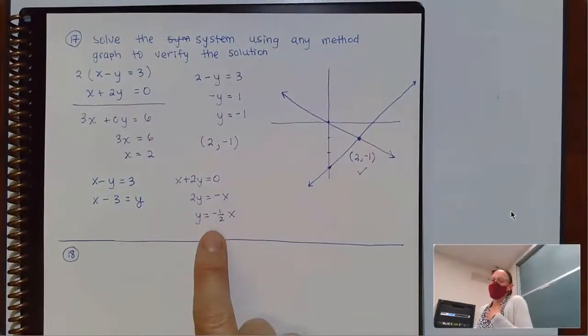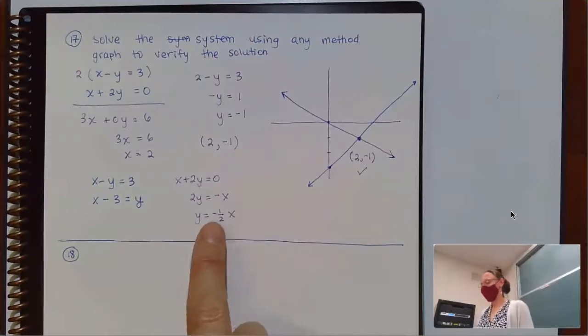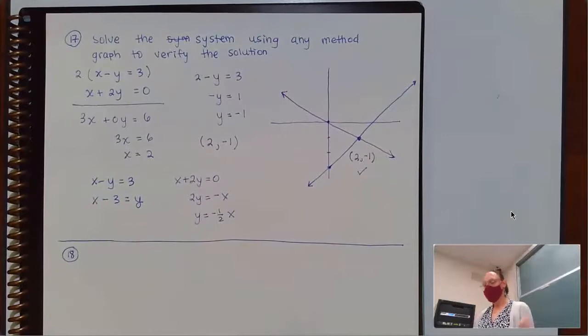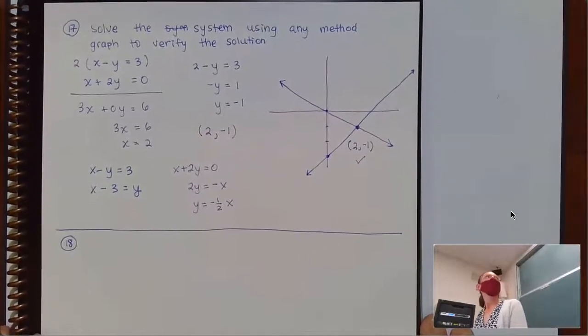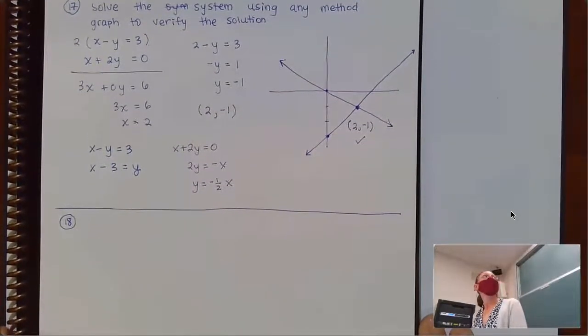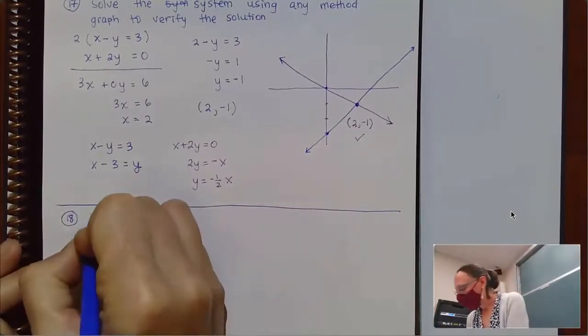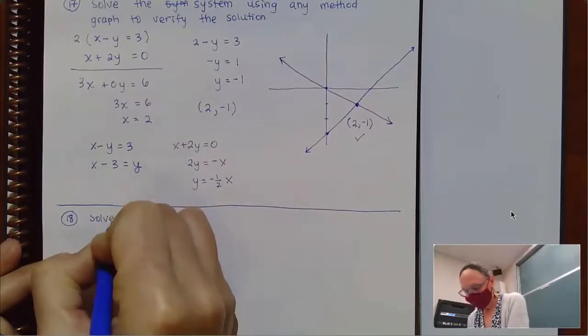And for me, it's easiest to graph it by finding the y-intercept and the slope. So looking at question 18.